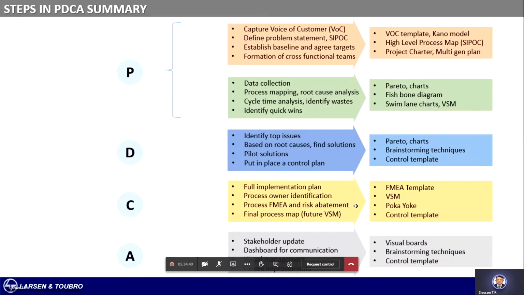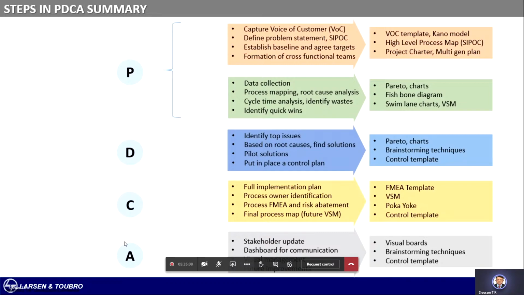And we need to define clearly the problem statement. What is the problem we have at hand? And establishing the baseline, agreeing on the targets, whether it is a 3-month reduction in the overall timeline or the cost, whatever it be, we need to be very clear there. And of course, the team formation, for which we have certain tools that I can suggest and help you go through that analysis.